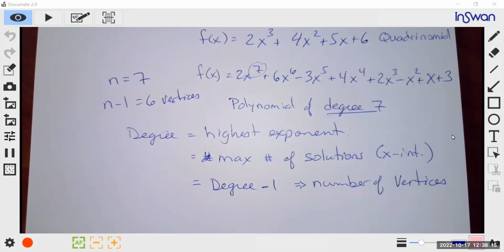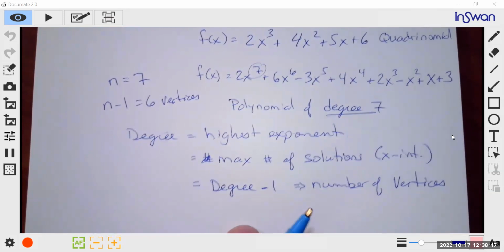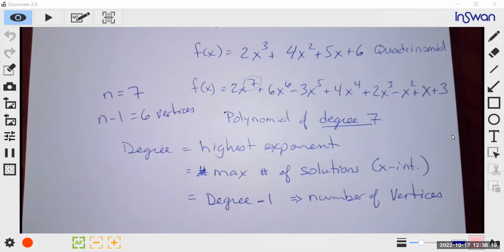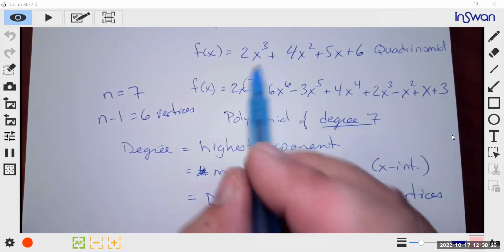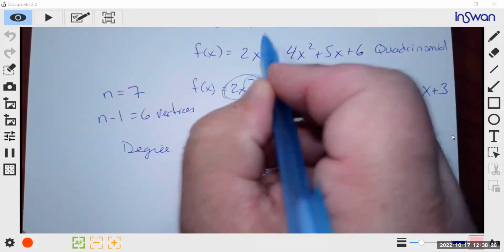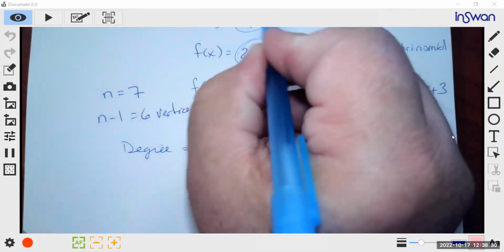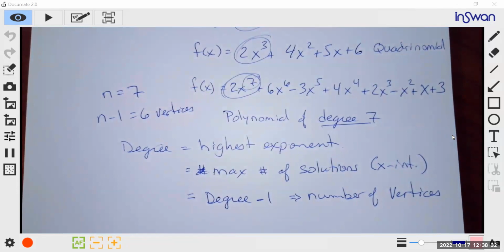Now, here's another thing that's hard to believe. No matter how big or how small the polynomial is, the leading term dictates the whole polynomial. It tells us the shape, the direction, the number of answers, all that stuff.